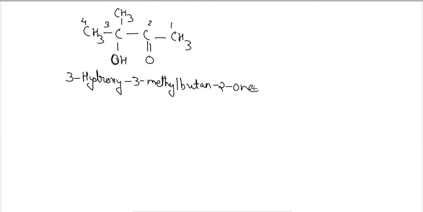So like this we are going to name the carbon chain which contains substituted side chains and two different functional groups also. Okay, so these were the different rules for naming the organic compounds which contain functional groups.